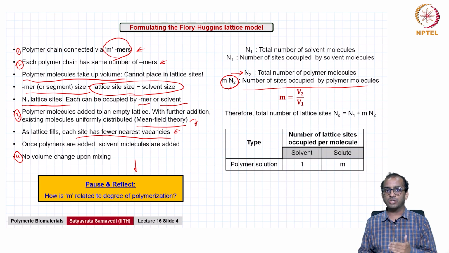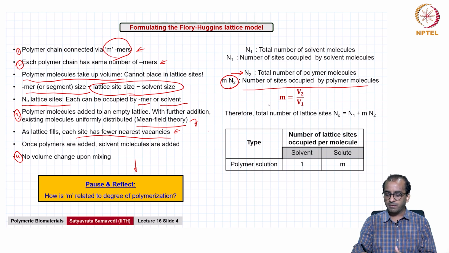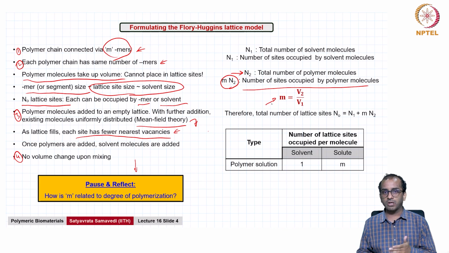And if you have N2 such polymer molecules, then you have m times N2 lattice sites to fill for the entire system. So I hope that difference is clear. And as you can easily see, m can be thought of as a ratio between the molar volume of the polymer and the molar volume of the solvent.